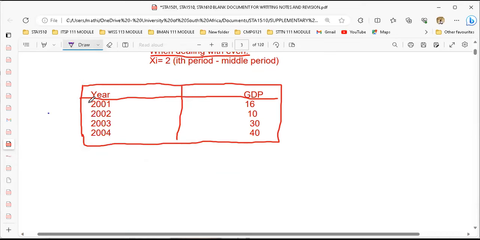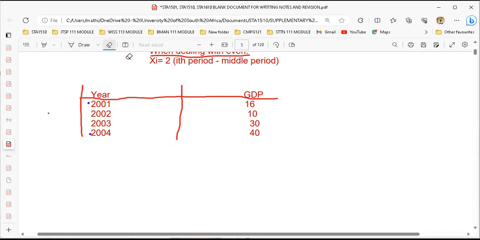So I have 2001. I need to find the middle period. I have 2004. Let me just do it like this so that I don't confuse you. I will start with the first one, when given the odd.